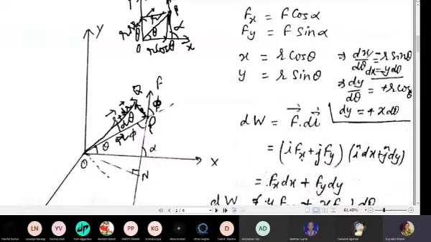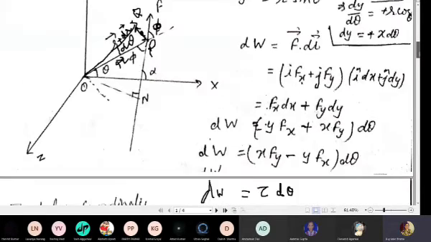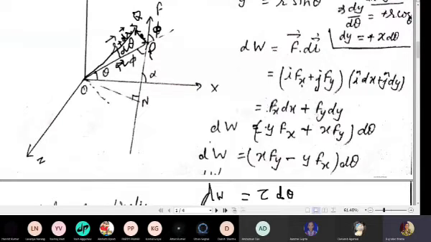So if you put these values of dx and dy in this expression of work done, then I can write it as, for fx, minus y d theta, and for fy, x d theta. So I can rearrange it.